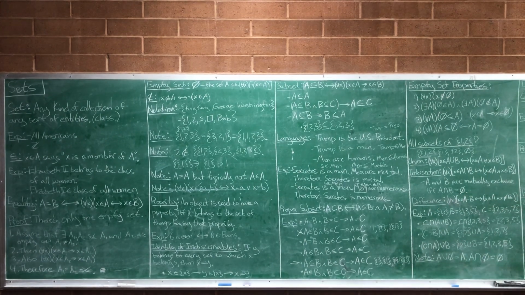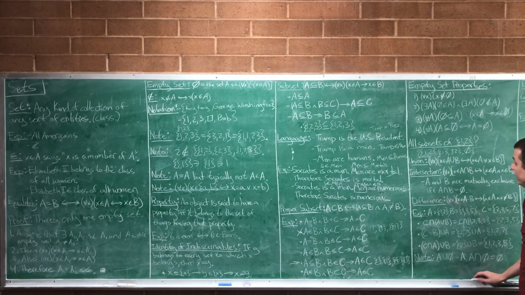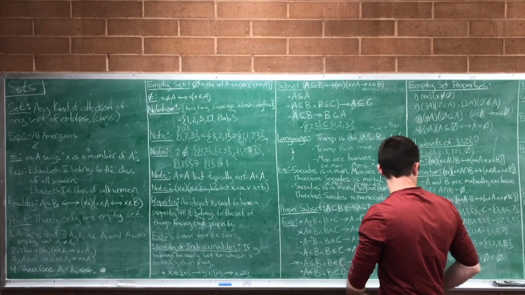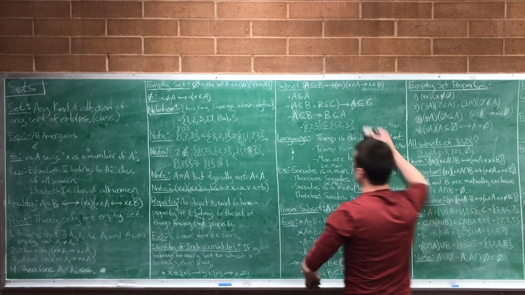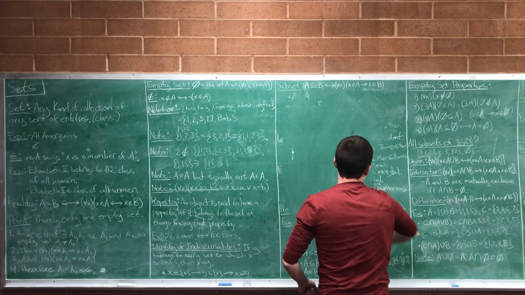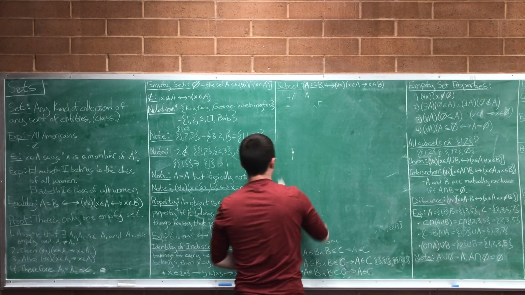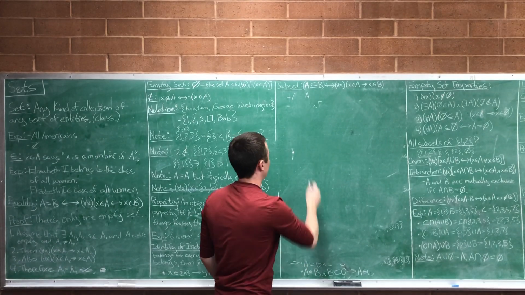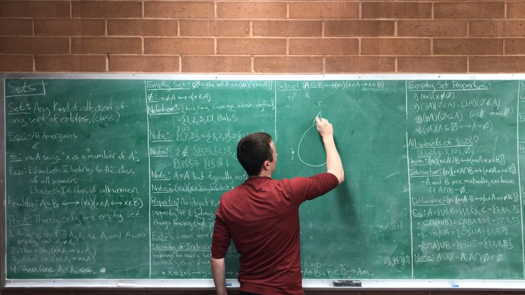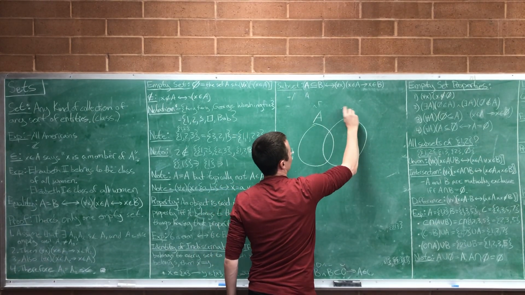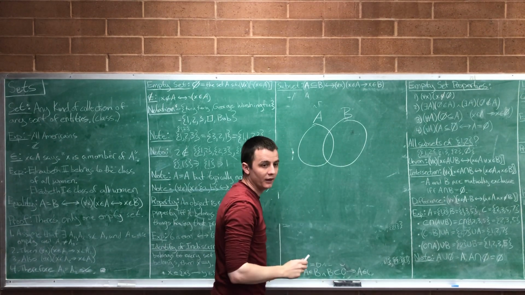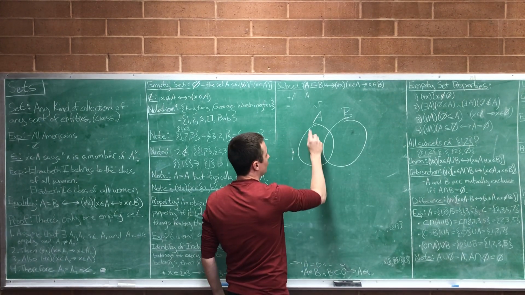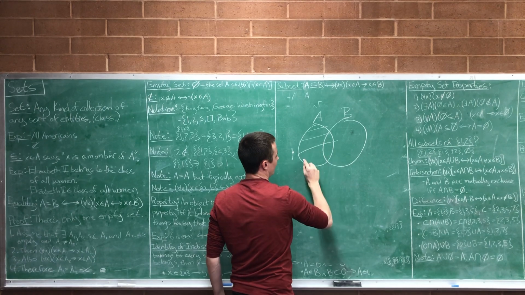One way we sometimes think about these to help with our intuition is to think about Venn diagrams. So if I have the Venn diagram, here's the set A, here's the set B. A union B would be all the stuff that's in either of them.